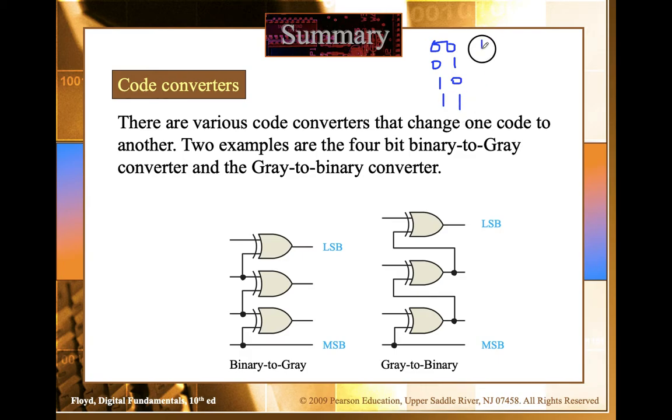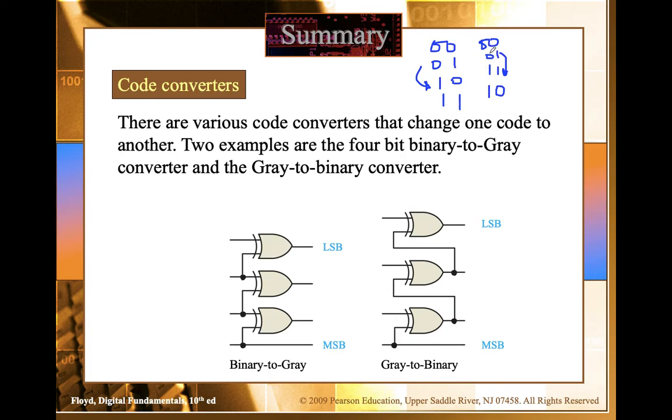But in gray code we will write 00, 01, one bit is changing, and then 11, and then 10. So this is our gray code, 2-bit gray code. Here to here only one bit is changing. However, in binary, here to here two bits were changing: 0 is becoming 1, 1 is becoming 0. When you go from 01 to 11, only one bit is changing. So this is gray code.